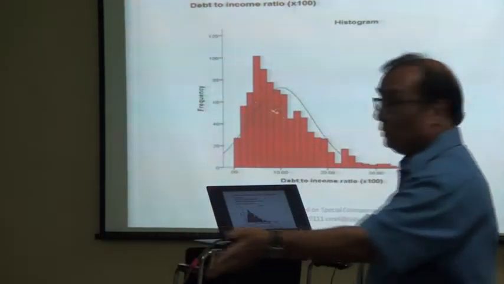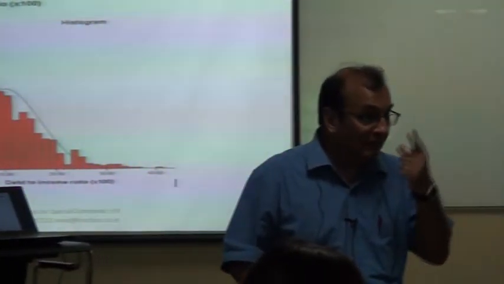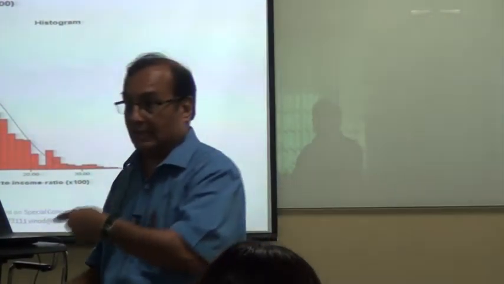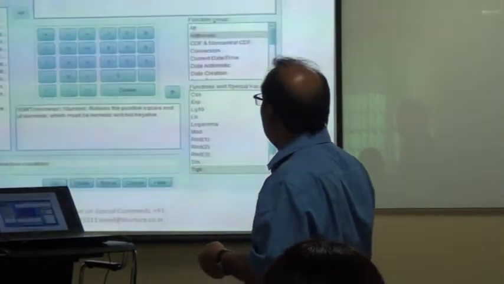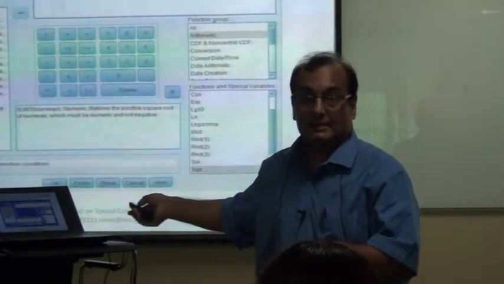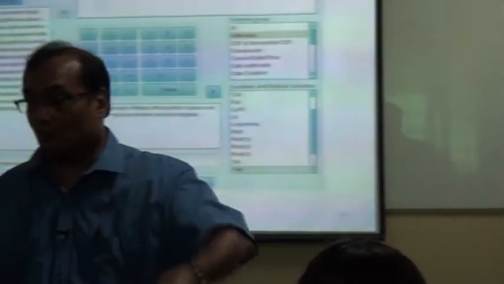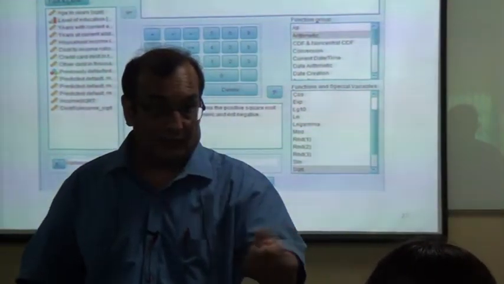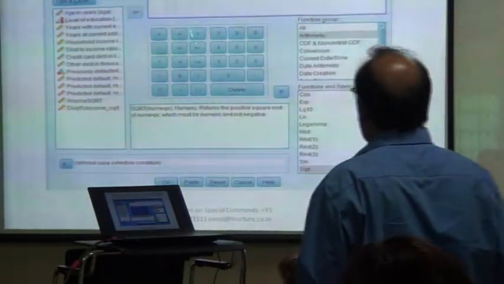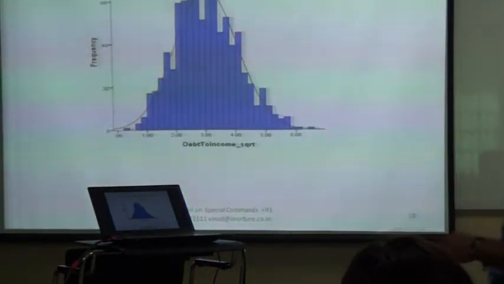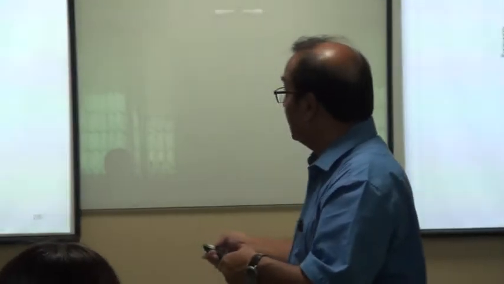Here the data is skewed, so we have taken the square root of this variable. We have done it like this. At home you can practice this command and find the square root of this particular variable, which is debt to income. After taking the square root, the histogram looks like this.